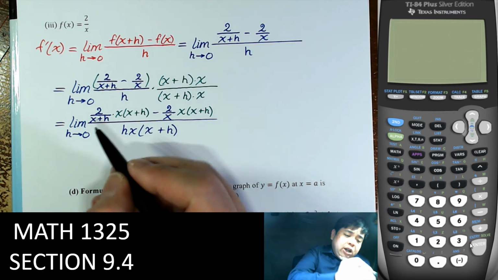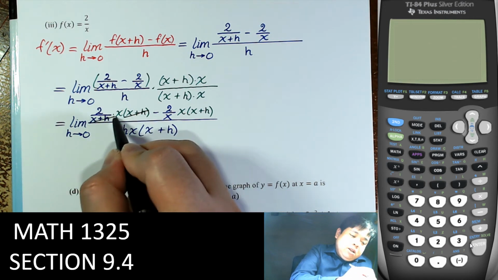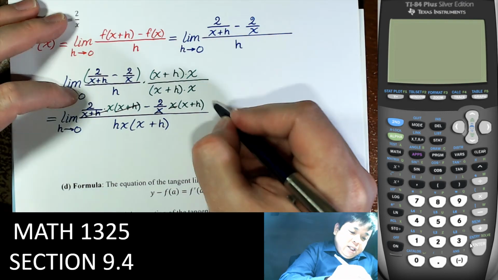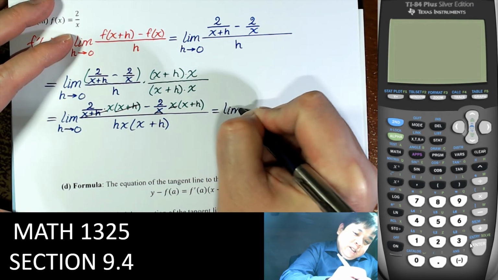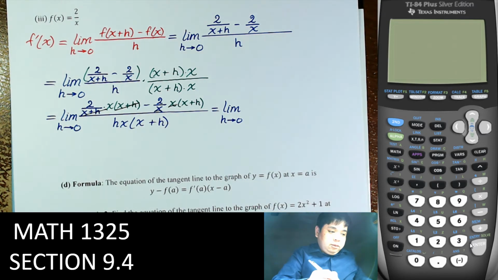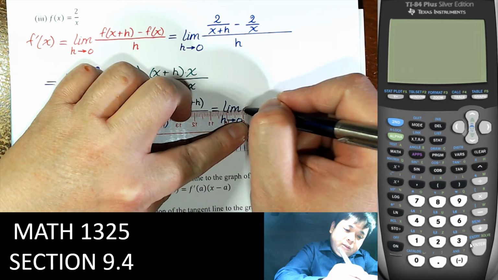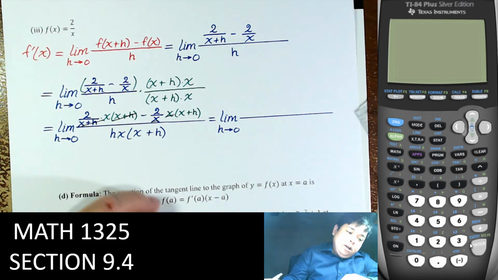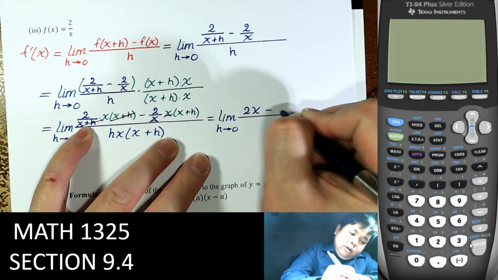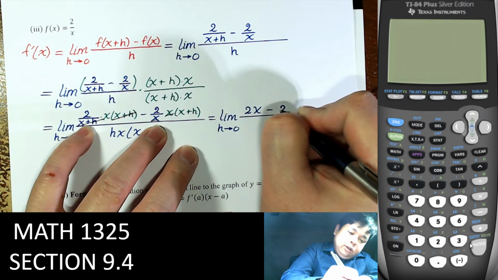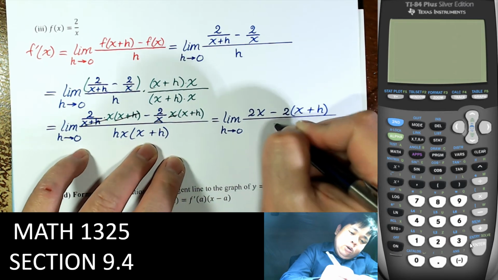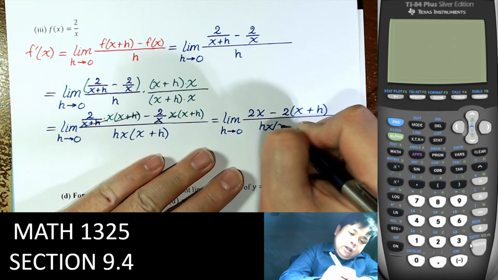Right. Now we see there's x plus h and the x plus h here cancel out. The x and the x cancel out. So when we simplify and clear things out, we have 2x minus 2 times x plus h over h times x plus h.